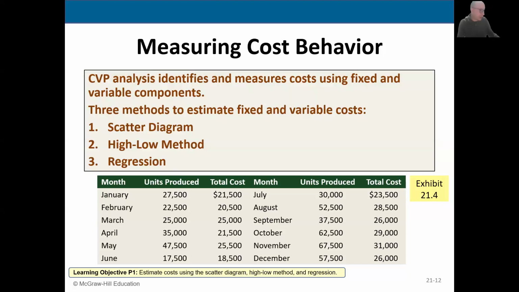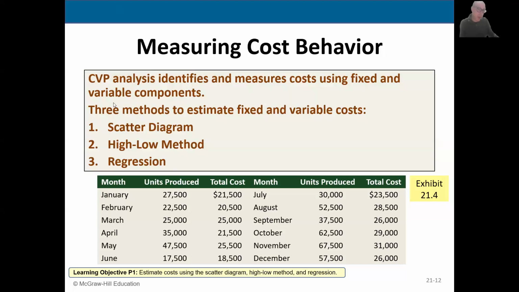Now, in just looking at this graph of data, we can identify a couple of key pieces of information. For example, we have high number of units being produced in certain months, low units in certain months, low cost in certain months, high cost in certain months. So by looking at this data, we can think about high points and low points.